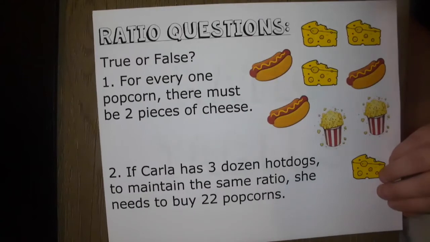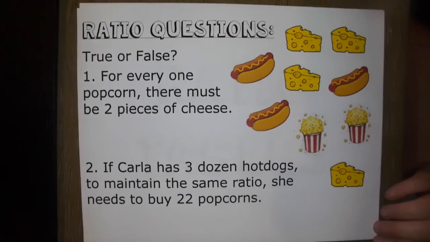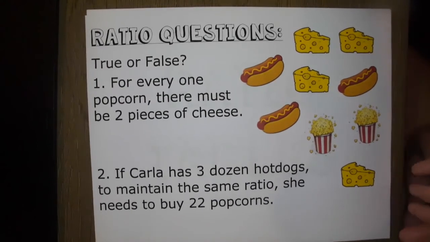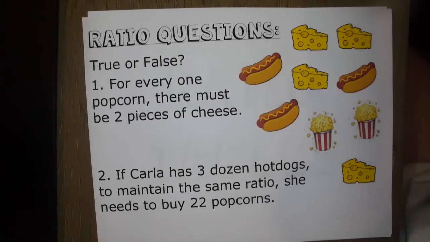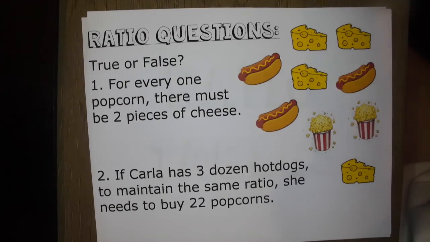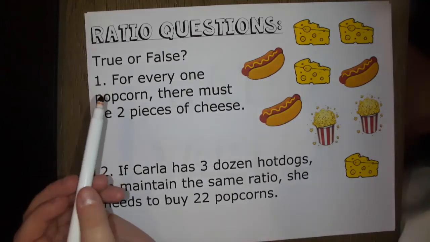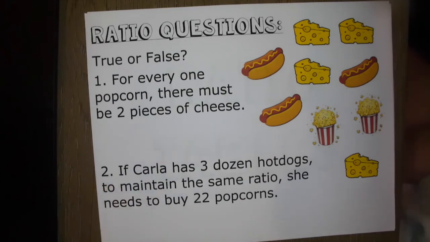Now, continuing on, ratio questions, true or false. So I have various food items that were randomly selected off clip art. I have 3 cheese wedges, 3 hot dogs, and 2 buckets of popcorn. And we're going to answer true or false questions based on the items I have here. So it says here, for every 1 popcorn, there must be 2 pieces of cheese.